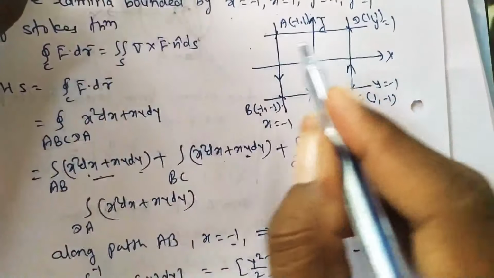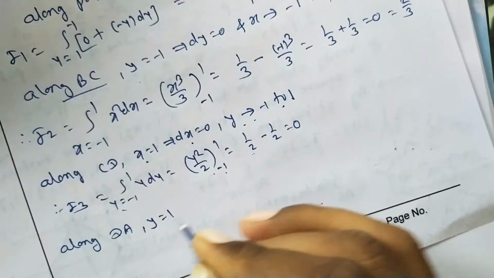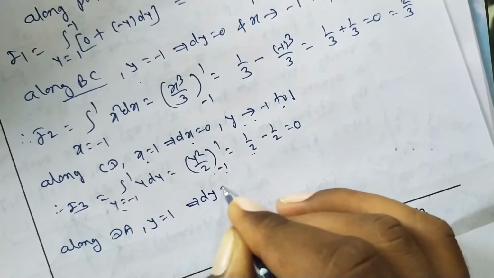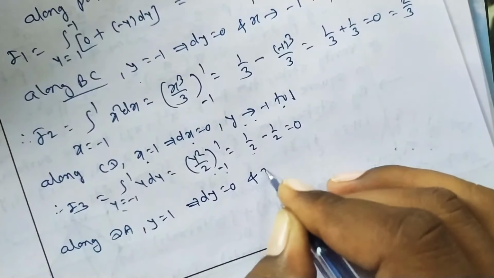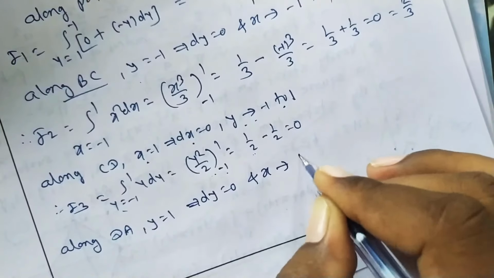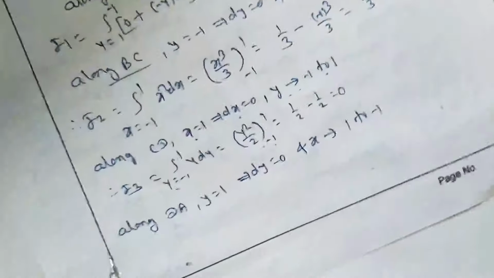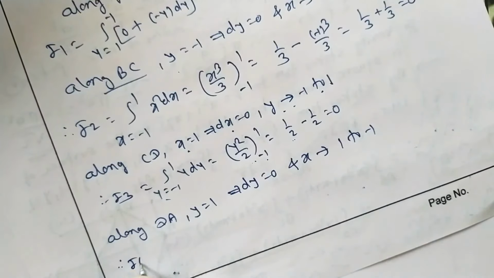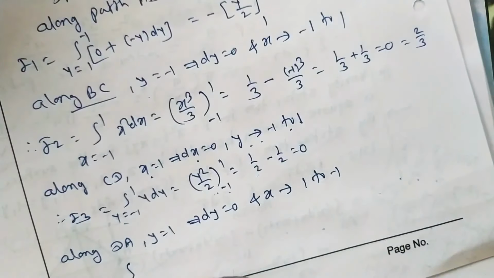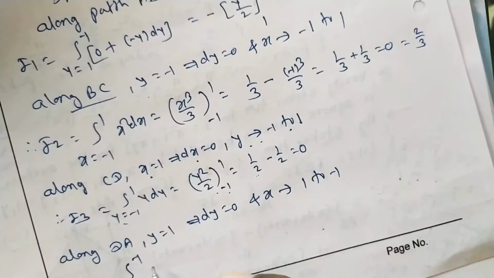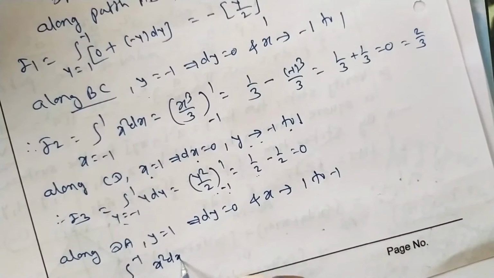Now along path DA, equation of DA line is y equal to 1, dy equal to 0, and x varies from 1 to -1. See how x varies, from 1 to -1. Okay, and therefore I4 is equal to, dy equal to 0, so x varies from 1 to -1, x square dx.